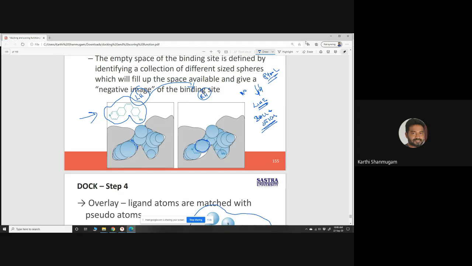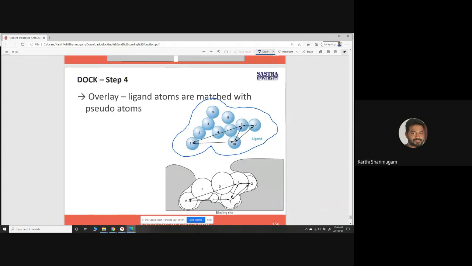Now the same ligand molecule is represented using some spheres, and these are what are called pseudo atoms. In the previous image I showed the ligand molecule as lines or sticks. We have to convert that into pseudo atoms, which means that these are the various atoms of that ligand molecule.